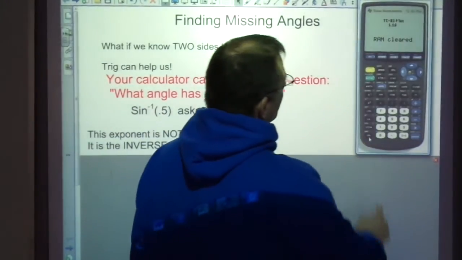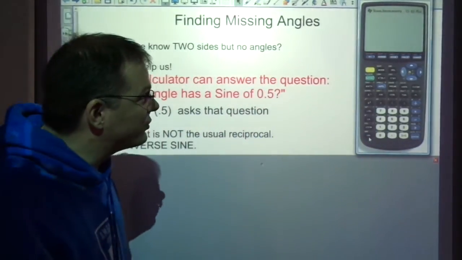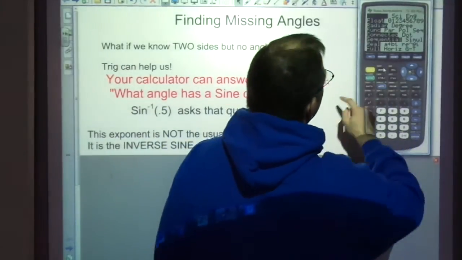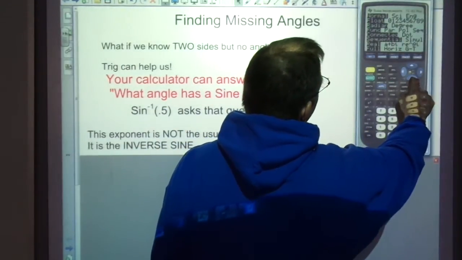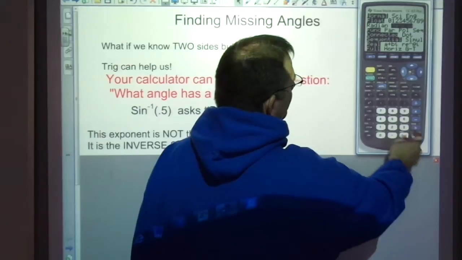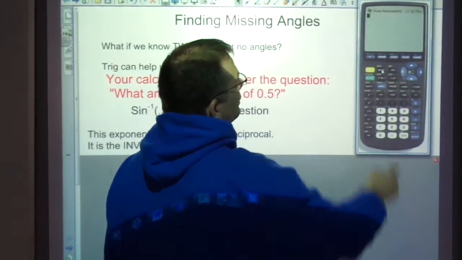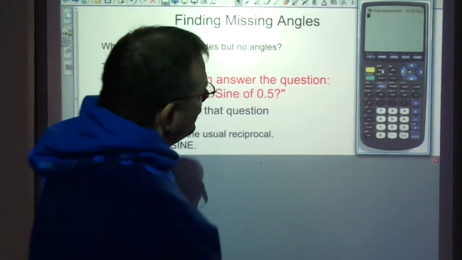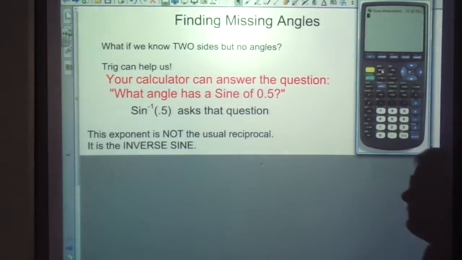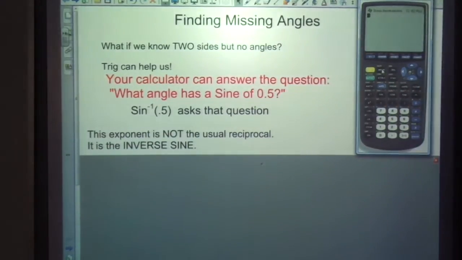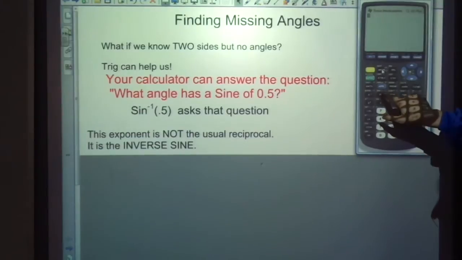We can find that on your calculator right here. We turn it on. Remember, we always want to check the mode and make sure that it is in degree mode. Good thing I did. Mine's not. There it is. That would have messed me all up. Now, let's say I want to find what angle has a sine of 0.5. Here's the sine button.